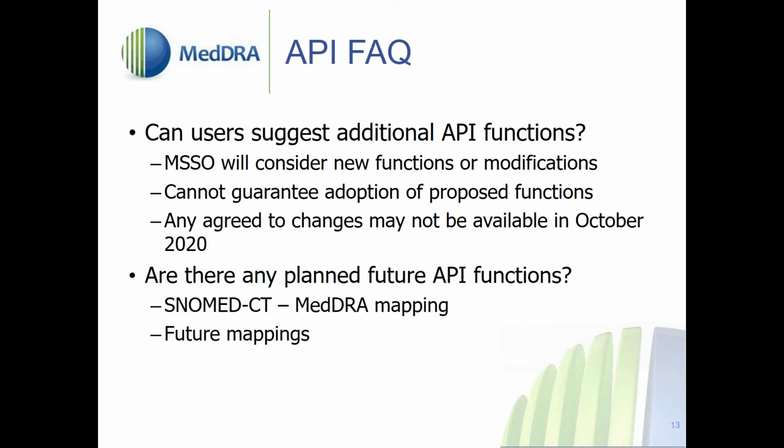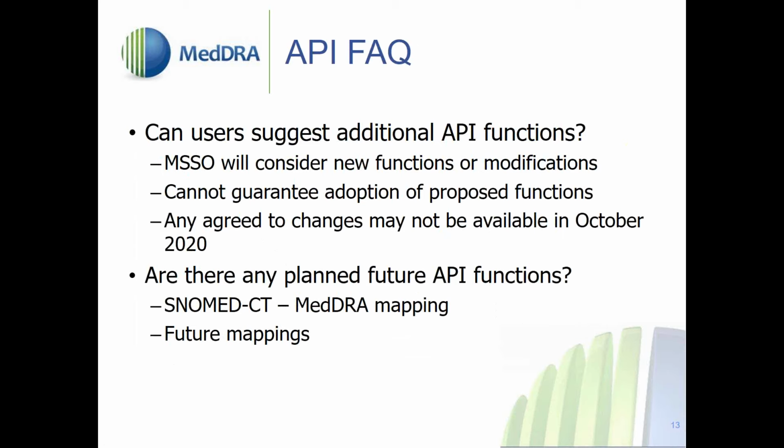Now, having said that, we are planning on future API functions, most notably, for those that have been paying attention to recent events with MedDRA, a SNOMED CT to MedDRA mapping. SNOMED CT is a terminology that's mostly focused on the electronic health record. And we've been partnering with external groups to develop a mapping between SNOMED and MedDRA. There's a number of reasons why that's desirable.